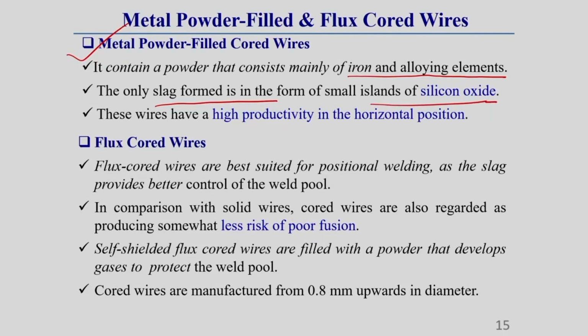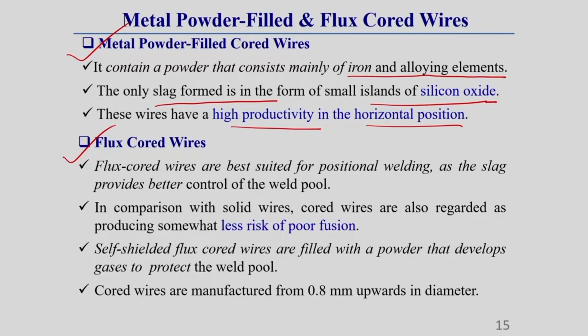Whatever slag element or flux we are using here is generally only silicon oxide. This wire has a high productivity in the horizontal position. Why is it high productivity? Because it uses a metal core. This metal core also acts as a filler wire, because when it melts, it is also deposited in the weld zone. So the deposition rate will increase, and that is why we can increase productivity.